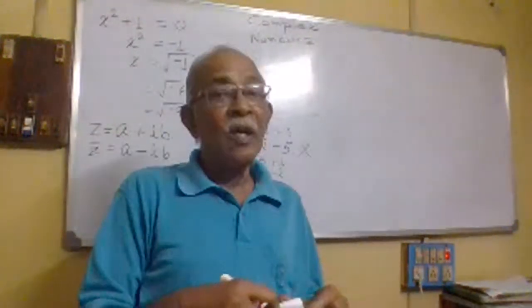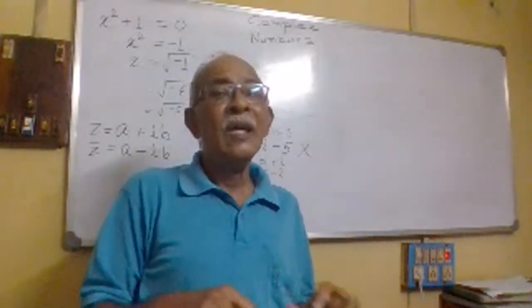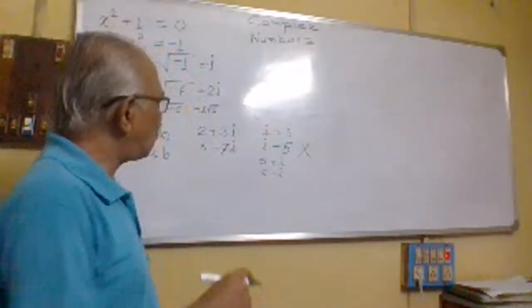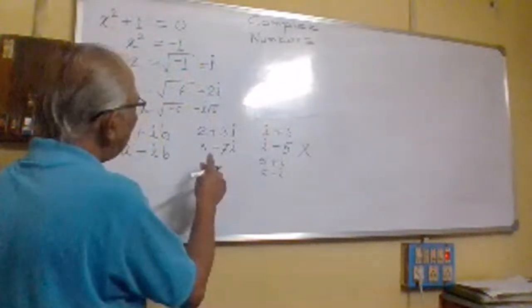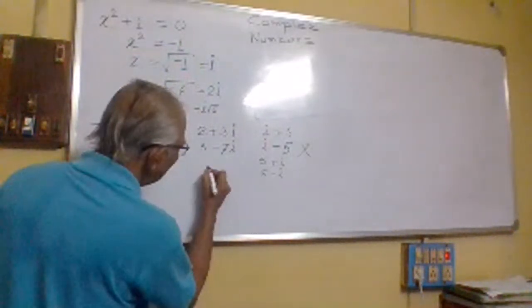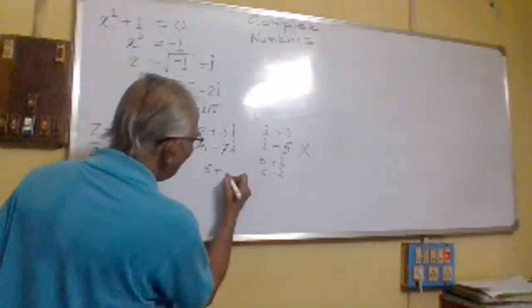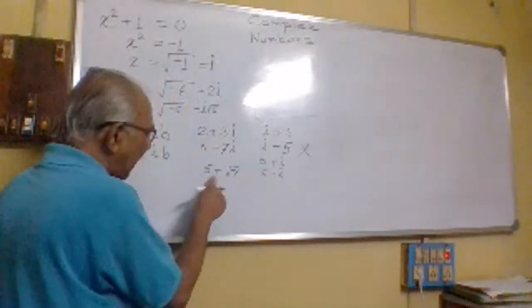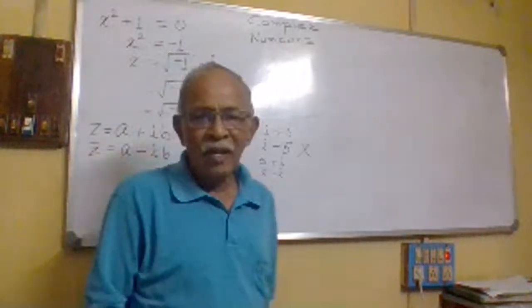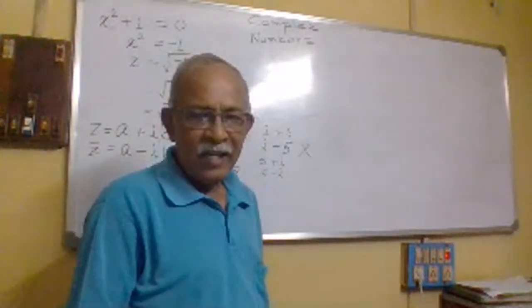So in complex numbers, suppose 5 plus i, that is 5 plus root of minus 1. Can we add these two? This cannot be added.